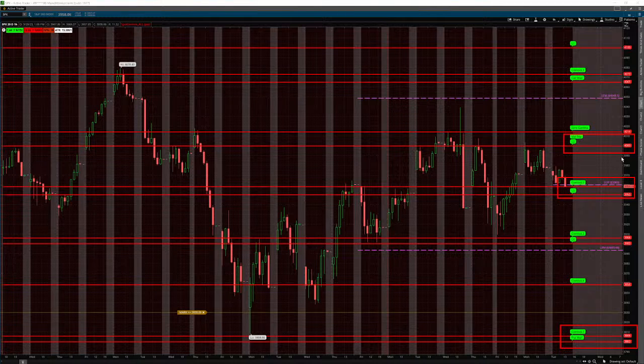So their position on the gamma curve right now is negative, and above that level, their position on the gamma curve is positive, and that means they have to trade against price to hedge their delta exposure. So obviously SPX is trading below the volatility trigger right now.